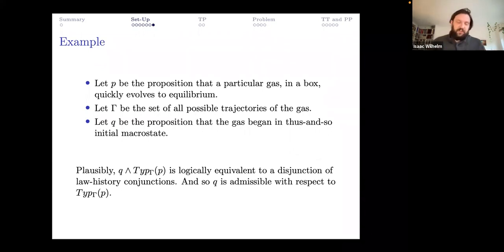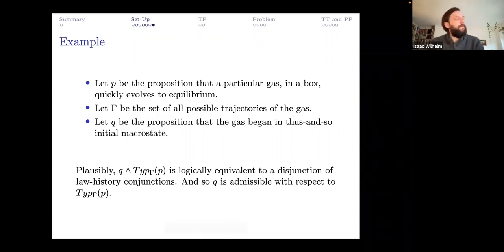So that conjunction of Q and the typicality fact ends up being logically equivalent to a disjunction of conjunctions of the law Typ_gamma(P) and the history uniquely picked out by one of the microstates in the initial macrostate. So this would imply that Q is admissible with respect to the fact that P is typical in gamma.